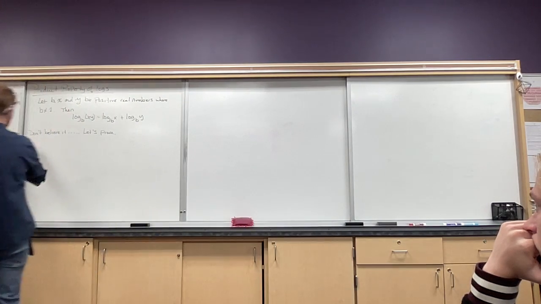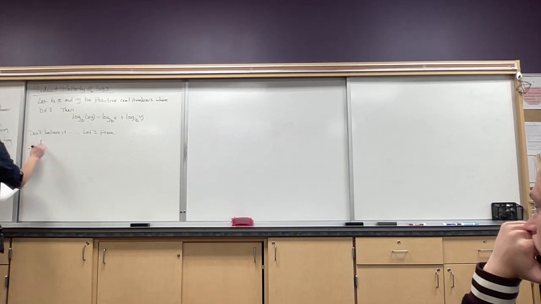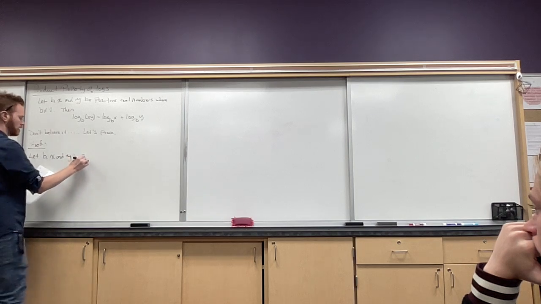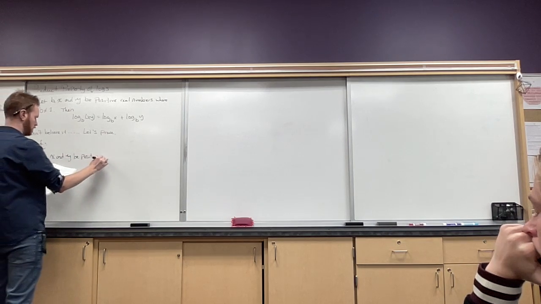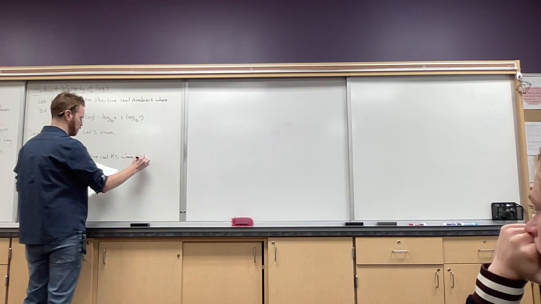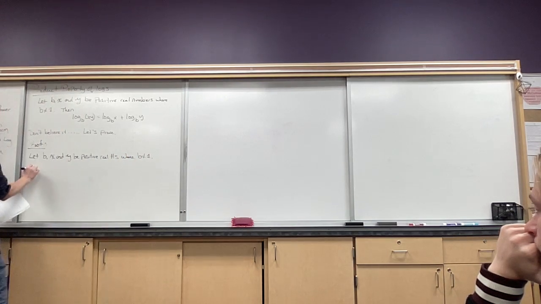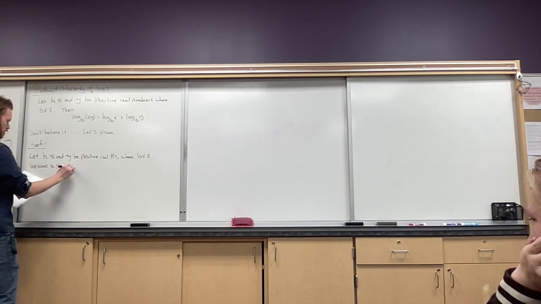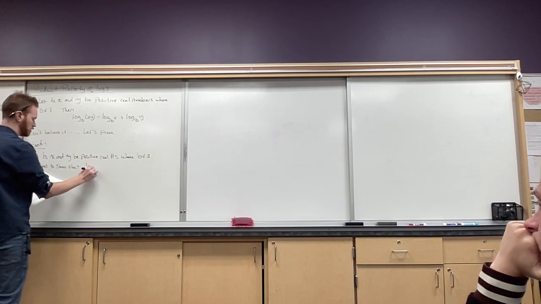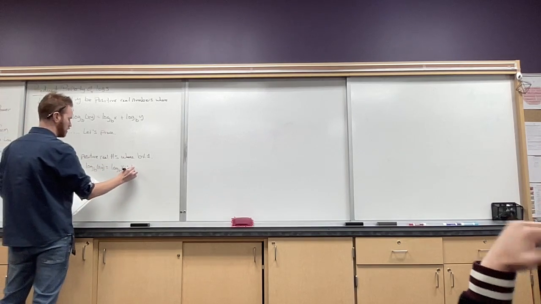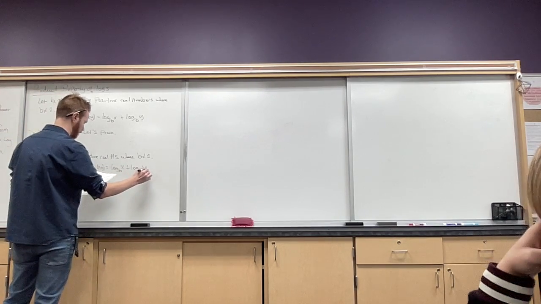So, here's the proof. Let's define some variables. Let b, x, and y be positive real numbers where b can't be 1. We want to show that this relationship is true.